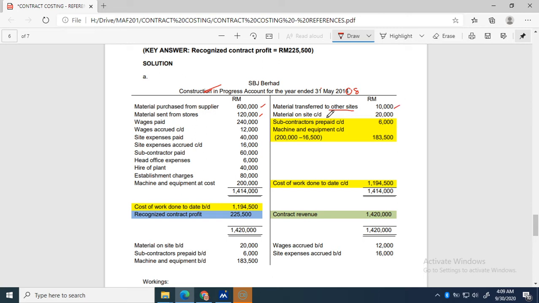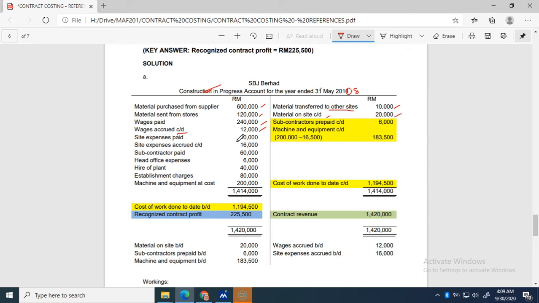Then we have material on site carried down, 20,000. So this is about material. And then wages paid 240,000, and also accrued 12,000. Accrued means the cost incurred for this particular period but not paid yet, so that's why it's carried down.